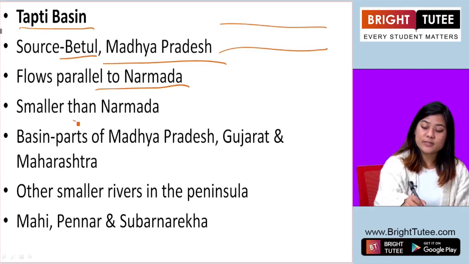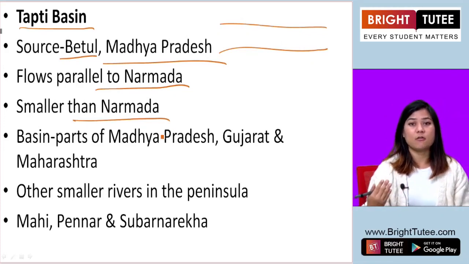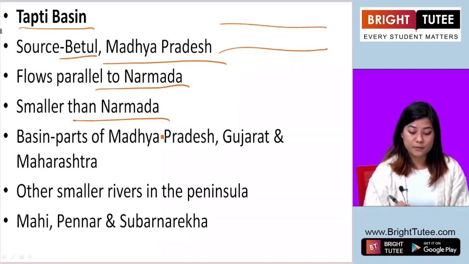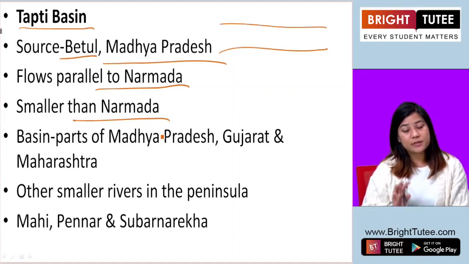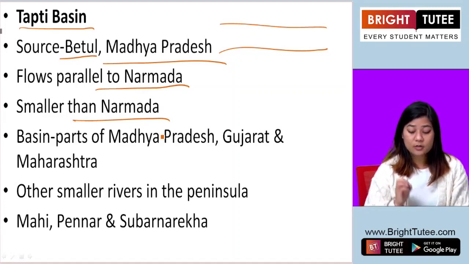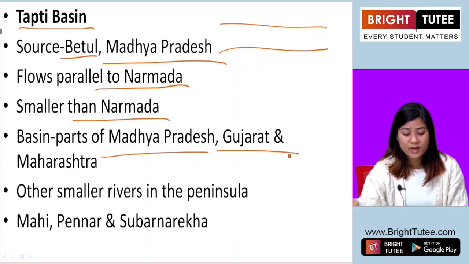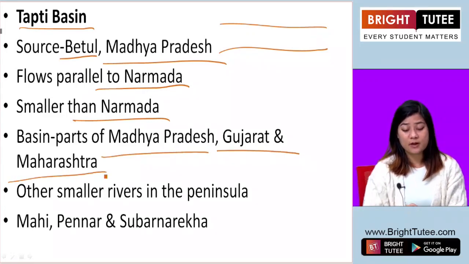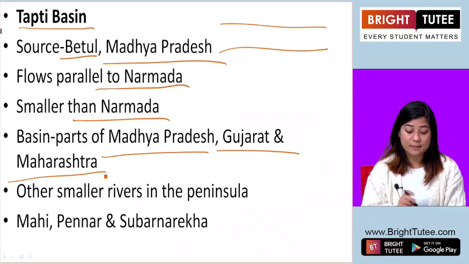But it is smaller than Narmada. Narmada is larger than Tapti river. The Tapti basin lies in the states of Madhya Pradesh, Gujarat and Maharashtra.